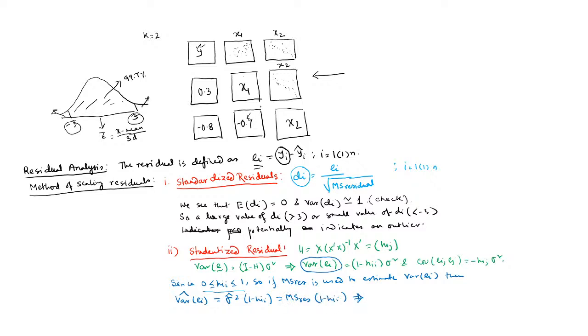This implies MS due to residual overestimates the variance of e_i.